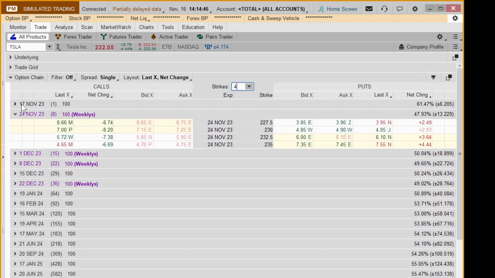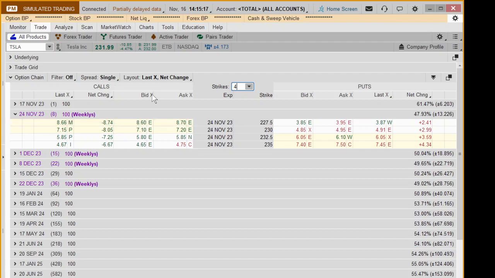On the left hand side here, let's say 17 November. November 17th is when this contract expires. These are the underlying options of Tesla. These have expiration dates while Tesla continues to move. So the better Tesla moves, the better these options get.